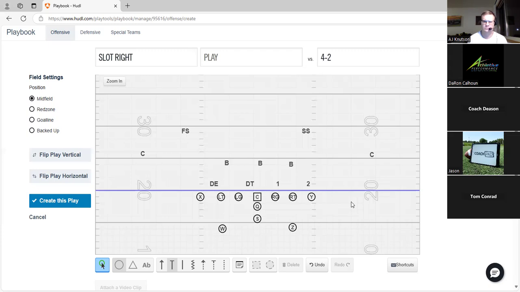So it's really an advantage to get you into a successful play, which is what AJ was talking about. The reason we're talking about this is you need to know what your offense is successful with and what formations work best for you when you call the play.